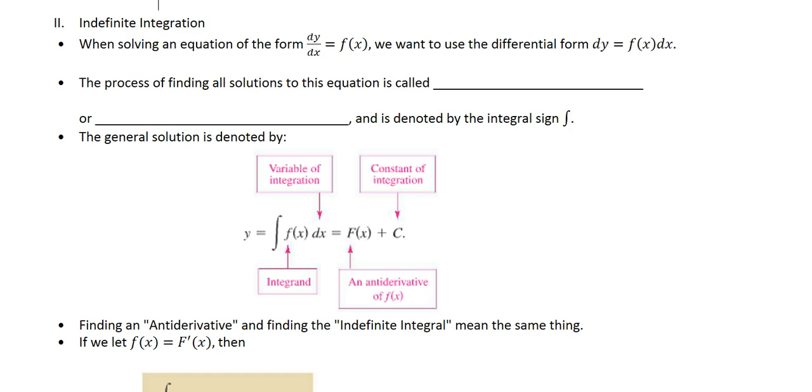So now we're going to talk about indefinite integration. So when you solve an equation of the form dy over dx equals f of x, like we just did, we want to use the differential form we talked about in 3.9, which is dy equals f of x times dx. Now the process of finding all solutions to this equation is what we call indefinite integration.